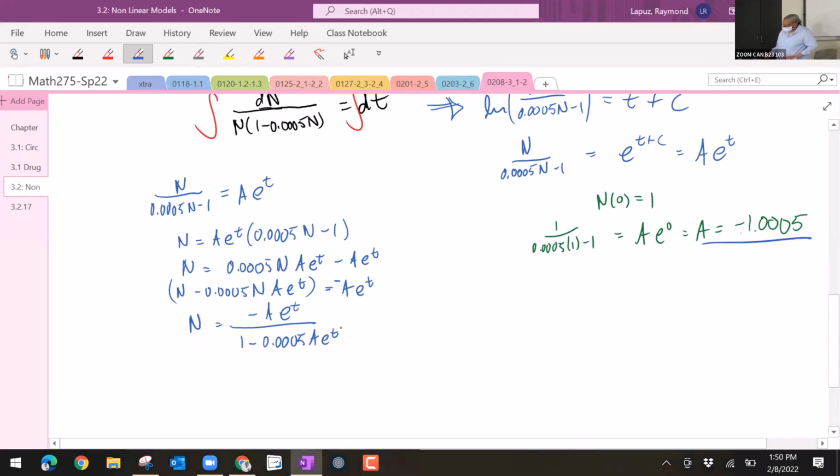And then this is where you put in the a value. So this will be a positive, because there's a negative in front here. So let me write n of t is equal to 1.0005 e to the t divided by 1. Okay, I have my last number here. I'm going to multiply this by negative 0.0005.